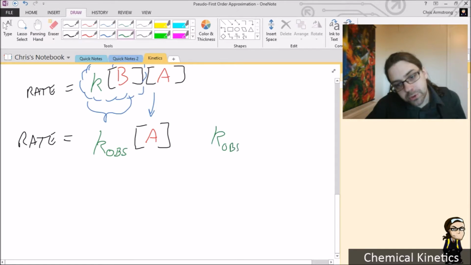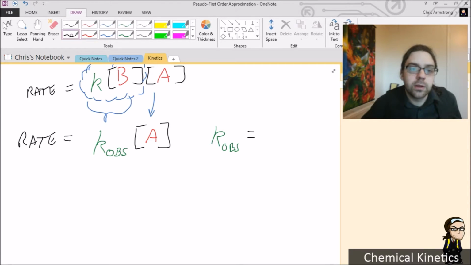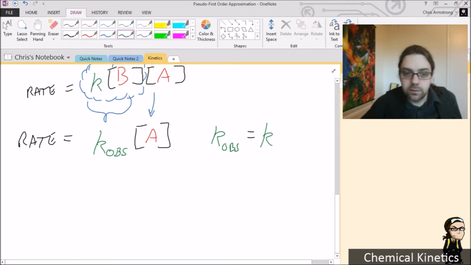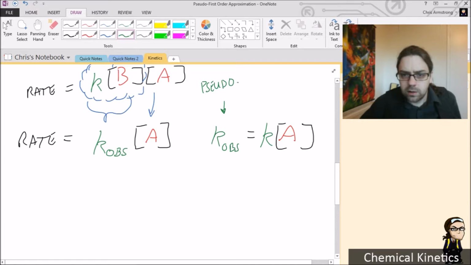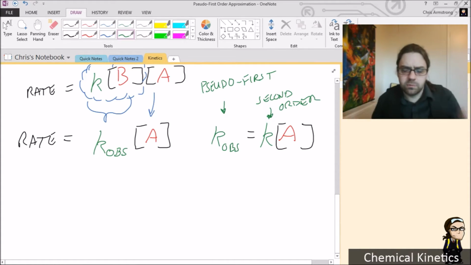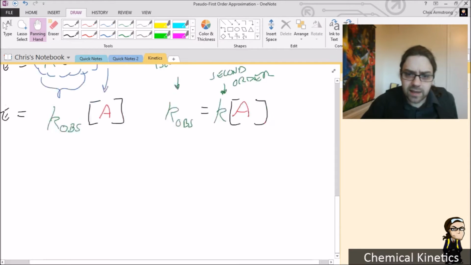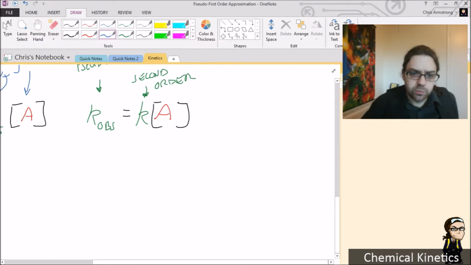So k observed is equal to, well, whatever's in that blue cloud in the corner there, k times the concentration of B. So this is our pseudo first, and this is our actual second order constant.